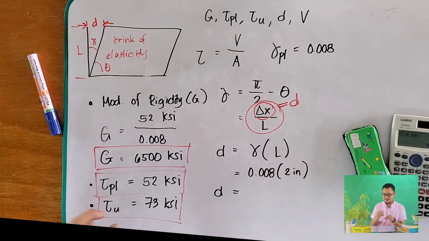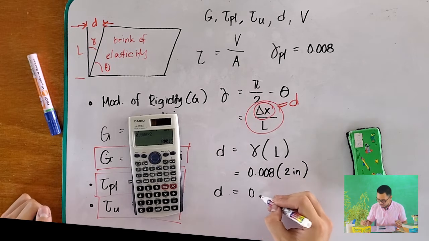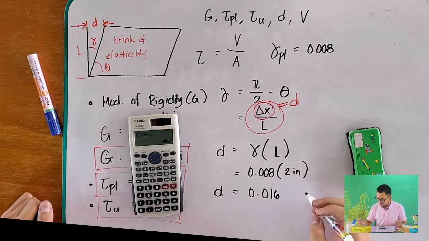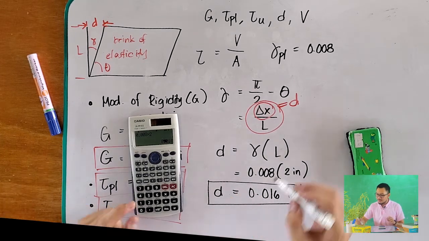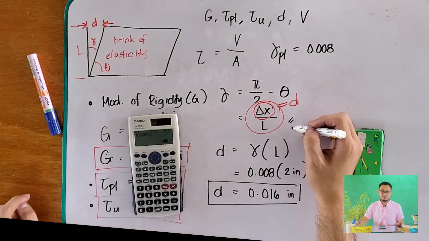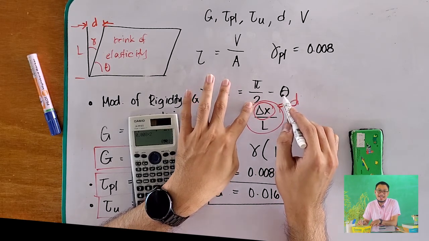So, the answer of your D is so small, and it has a value of 0.016 inches. This one is much more convenient for you to solve because radian naman siya dayon. Radian naman eh. Pero kani kay mag degrees pa ka and libog. Okay? So you have this D.